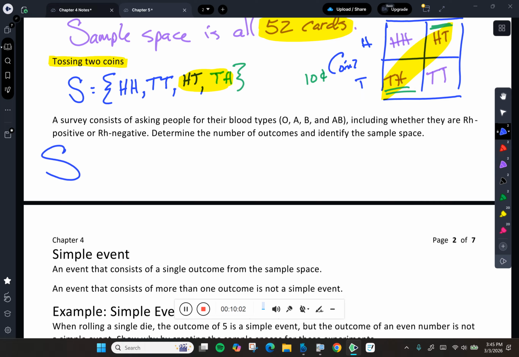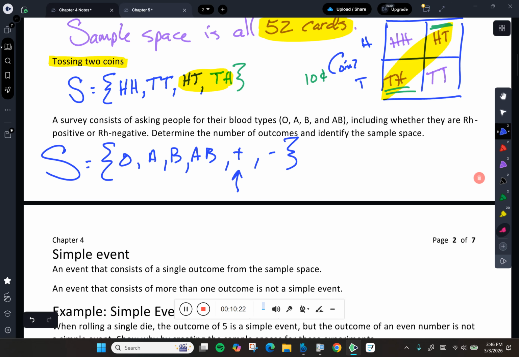They'd want to say that sample space is O, A, B, AB plus and minus, but that's not how it works. That's not a possible outcome. No one is going to answer that their blood type is positive. No one's going to answer that their blood type is negative. They're going to have to attach that to something. So I don't think that's the sample space.